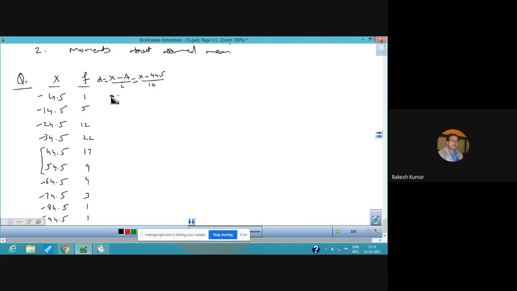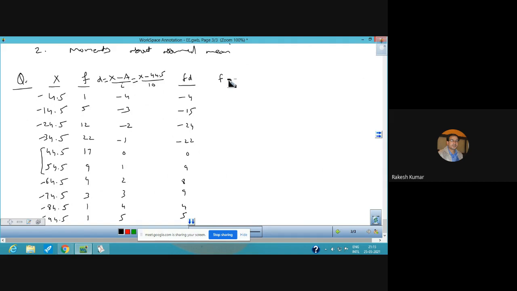So you can calculate d here: minus 4, minus 3, minus 2, minus 1, 0, 1, 2, 3, 4 and 5. Now you can also calculate fd, which is the column fd.